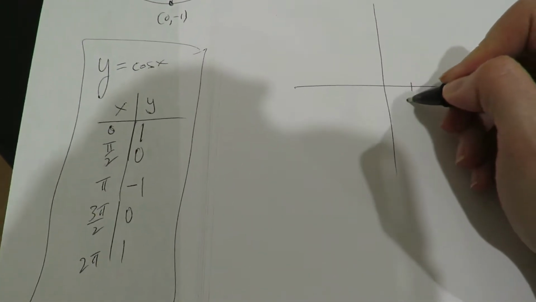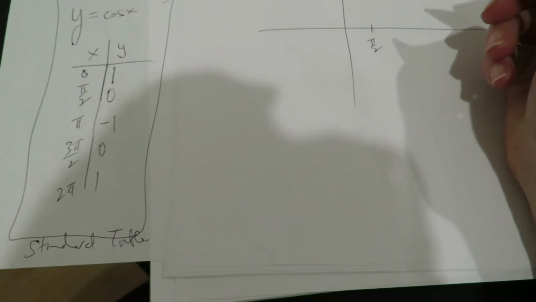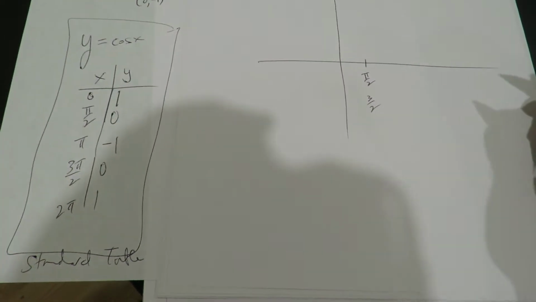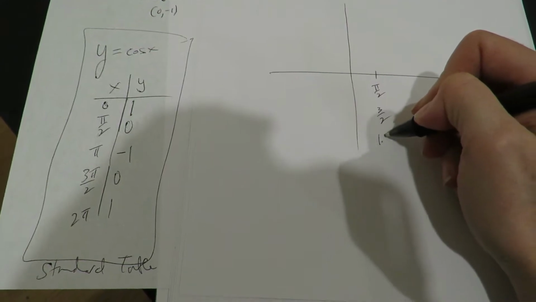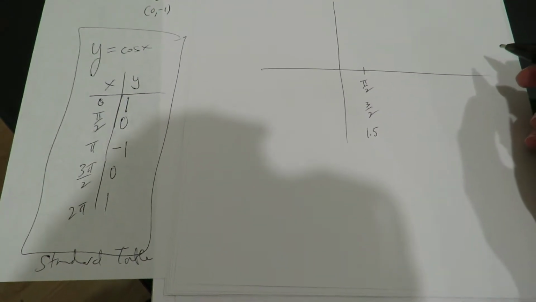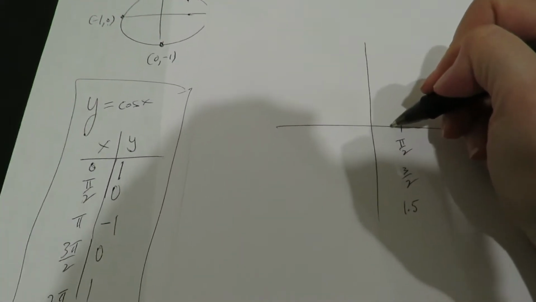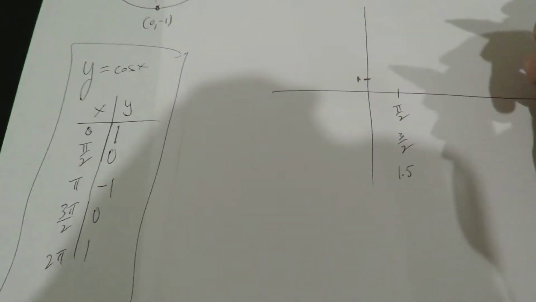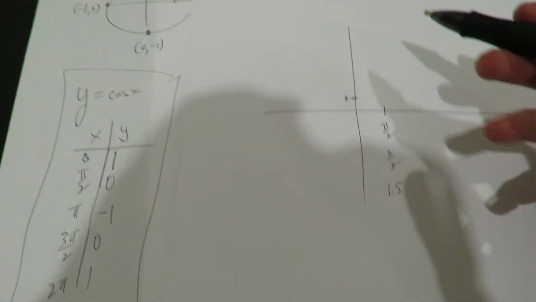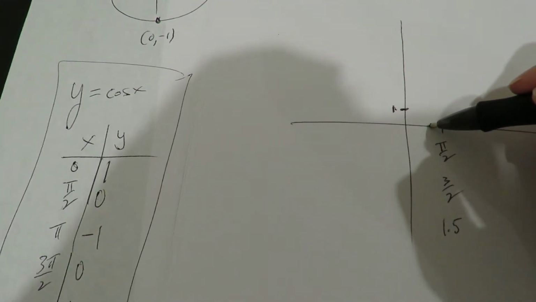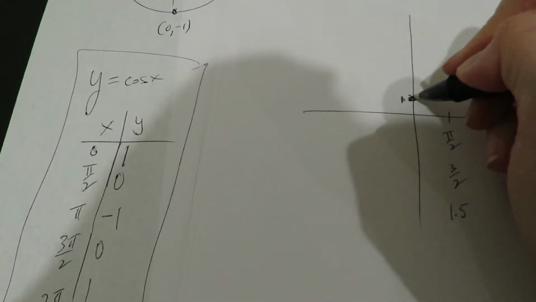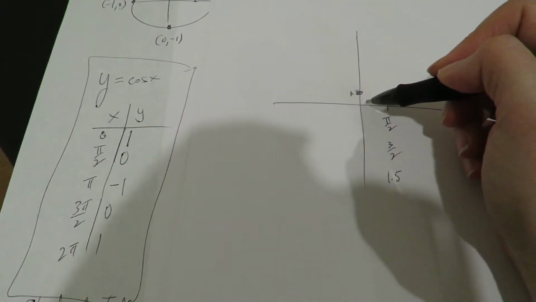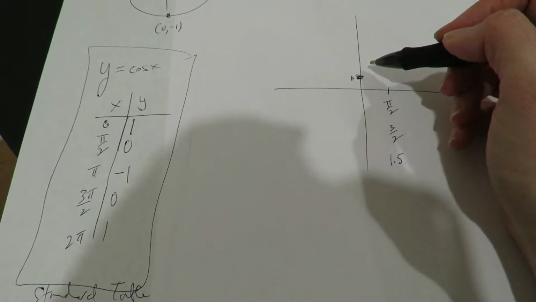Like if I say this is pi over 2, you can estimate pi as about 3, so this is like 3 over 2 or 1.5. If this is 1.5, then if I want to put a 1 over here, that should be like 2/3 or whatever this is. So that actually should have been a little higher, but that's the idea. This bar should be longer than that one.